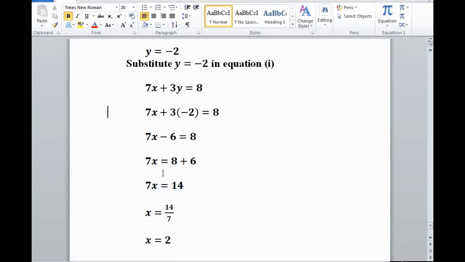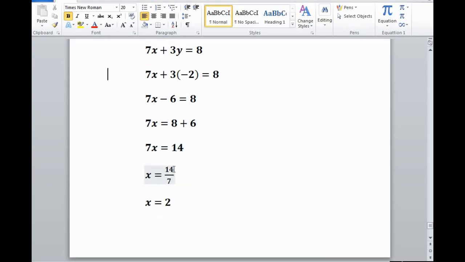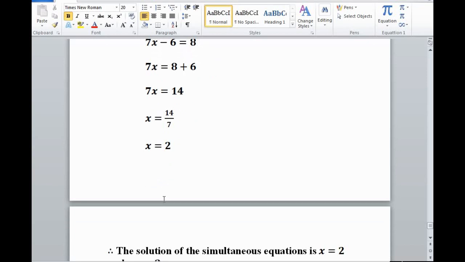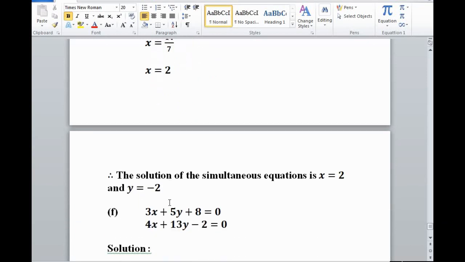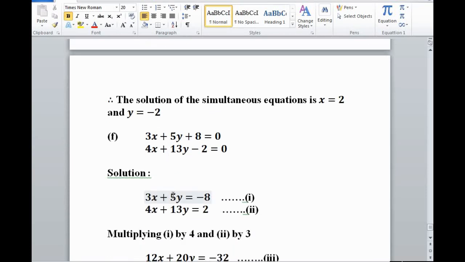So this equation becomes 7x equals 8 plus 6, and then their sum is 14. To find x, let's take this 7 from left to the right side. So this equation becomes 14 upon 7. So 7 times 2, 14. So x is equal to 2. Therefore, the solution of the simultaneous equations is x is equal to 2 and y is equal to minus 2.